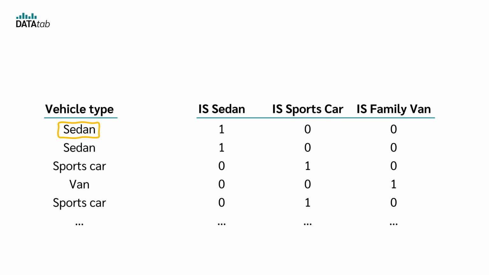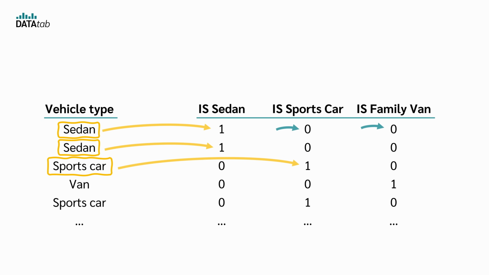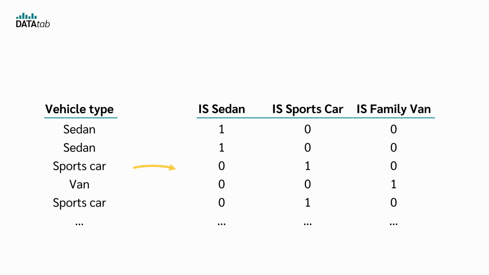For the first vehicle, which is a sedan, we assign 1 under the sedan and 0 under the others, as it's neither a sports car nor a family van. Similarly, the second vehicle is also a sedan. The third vehicle, however, is a sports car, so you assign a 1 under sports car and 0 under the others. By doing this, we've successfully created our dummy variables.